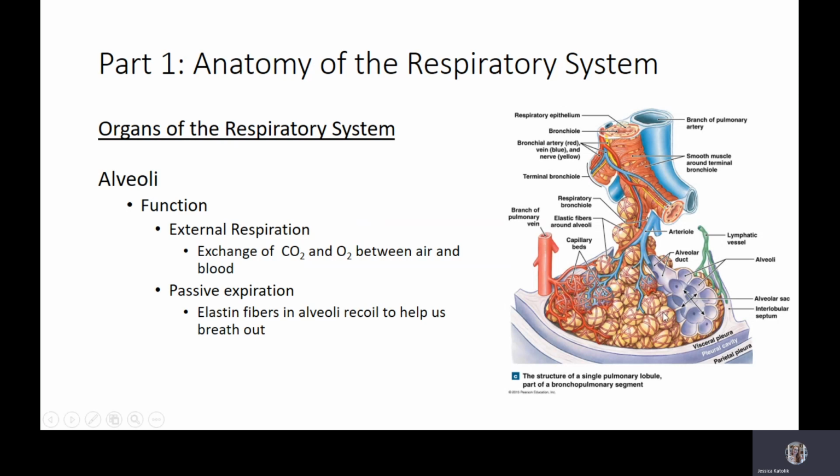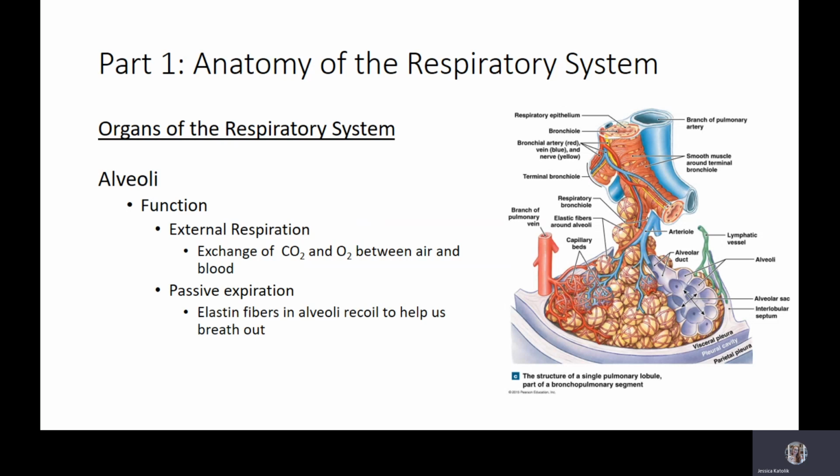These alveoli are also going to be wrapped in a lot of elastic fibers. These elastic fibers, when we breathe in, will get stretched. But as we breathe out, the elastic fibers will do what they do best: they will recoil and snap back. And so these elastic fibers play a really important role in helping with passive expiration.